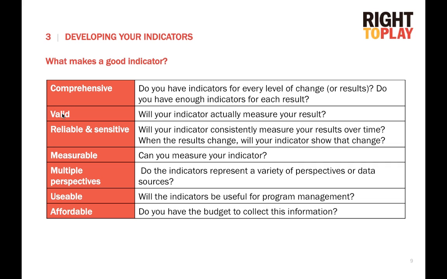Are your indicators valid? Will you actually be able to measure your result with that particular information? Are they reliable and sensitive? Will your indicator consistently measure your results over time? And when the results change, will your indicator show that change as well? Are they measurable? Can you actually measure it? Is it feasible?